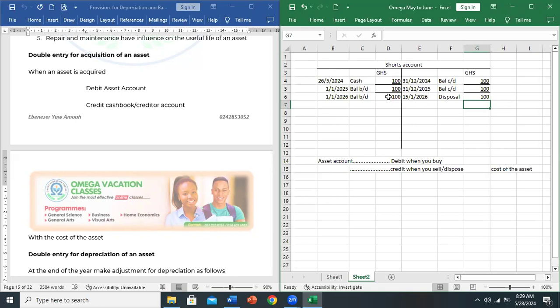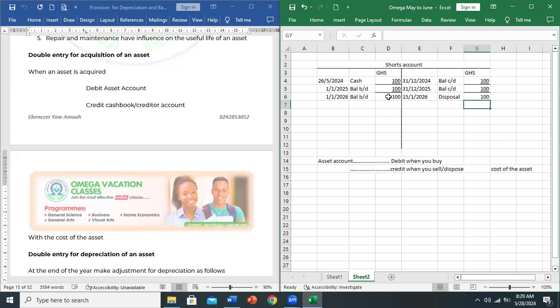So imagine if you bought an asset in the year 2024 and it's going to stay in the business up to 2027. Then when you are preparing your account, this is what you do. 2024, you prepare, balance, and move to 2025. 2025, you balance, move to 2026. 2026, you balance, move to 2027.